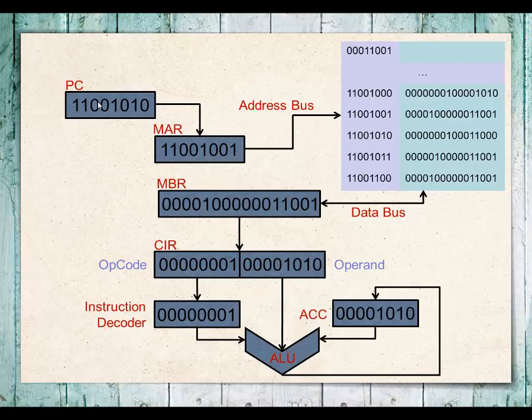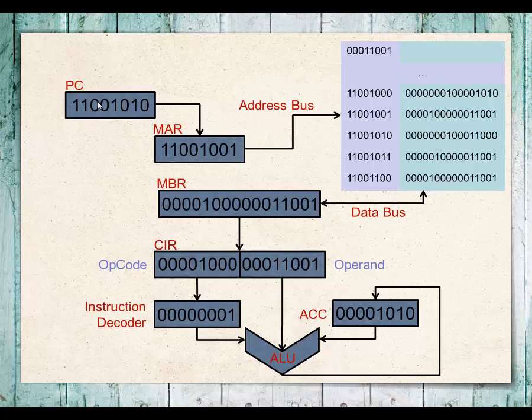This one, remember, is store whatever's in the accumulator in memory location 25. The MBR is transferred to the CIR and we have finished the fetch part of the sequence. The CIR has automatically separated that data into opcode and operand.